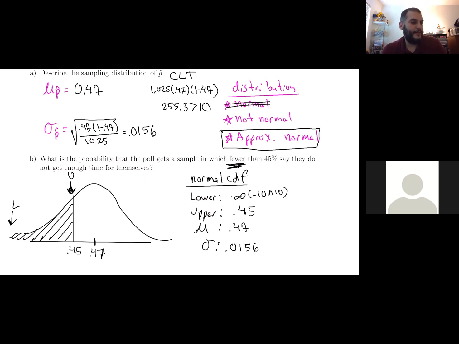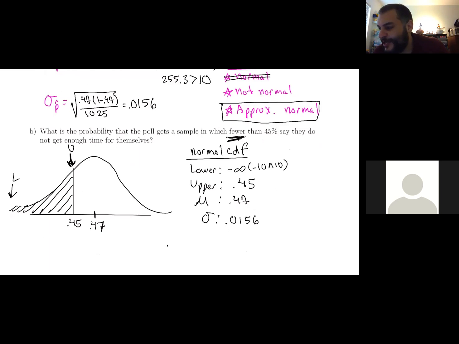So let's go ahead and do this. We're going to say second, VARS, normal CDF. So we'll say -10 to the 10 power, comma, 0.45, comma, 0.47, comma, and 0.0156. Okay.